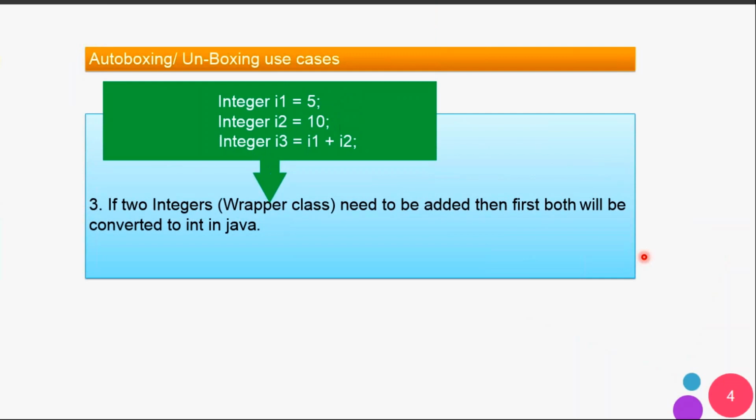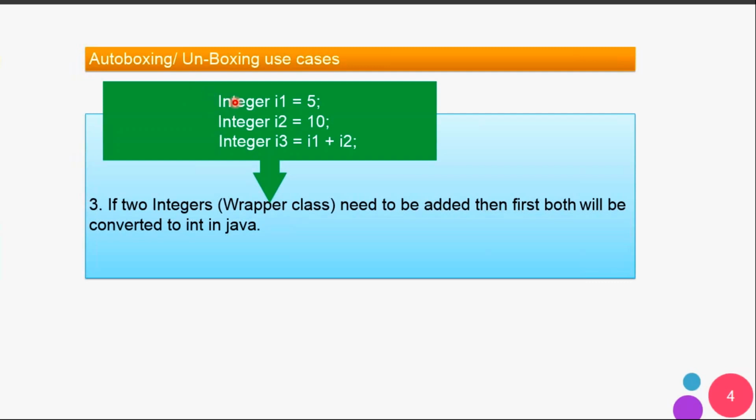The third example could be when you would like to perform addition on two wrapper type classes. Like here I'm adding two variables i1 and i2, and both belong to some class. So this is something like adding two class objects themselves, and that is not possible. Addition is only possible with the primitive type. It is like if I ask you to add two employee objects, that would not be possible.